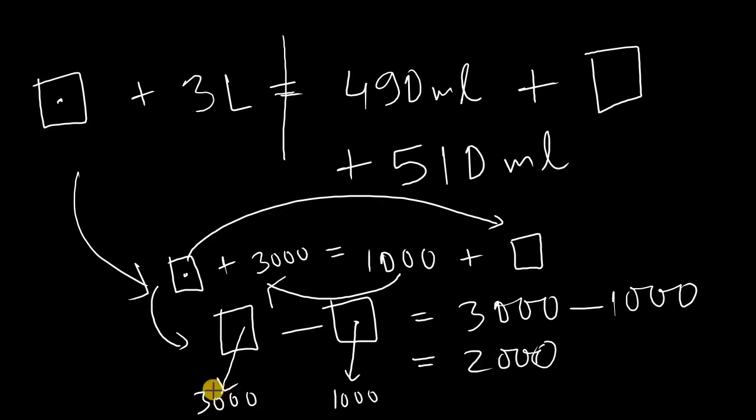Or you can say this is 4000 and this is 2000. Again, 4000 minus 2000 is equal to 2000. So in this way you can solve this problem. And again, like the previous question, here we do not have a unique solution. There are many possibilities.